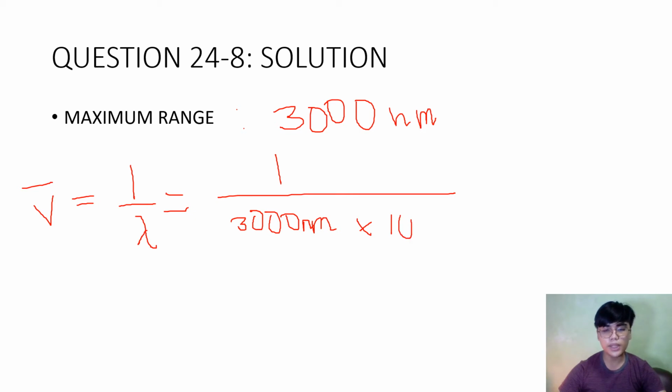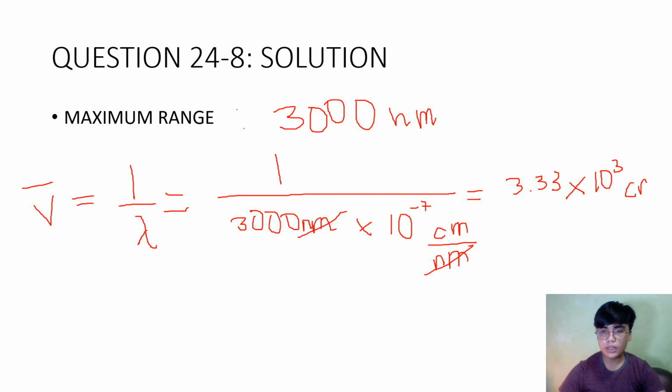So we're going to multiply it with 10 raised to negative 7 centimeter over nanometer. So nanometer would cancel out, and the resulting value would be 3.33 times 10 raised to 3 centimeter negative 1. So this would be our wave number at the maximum wavelength range.